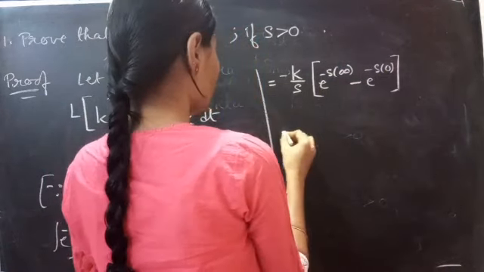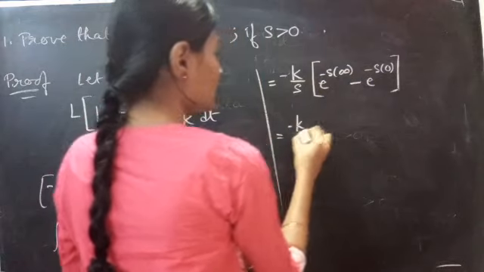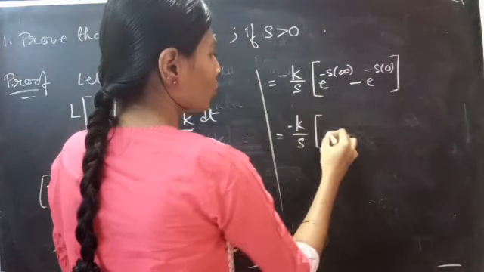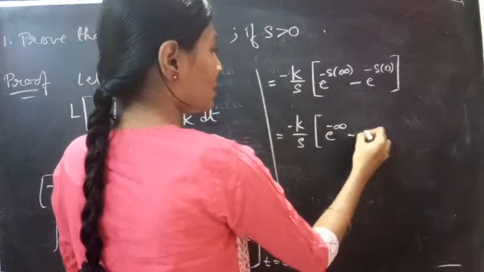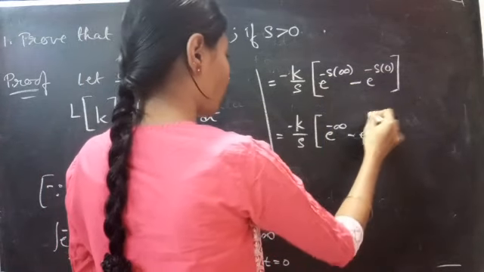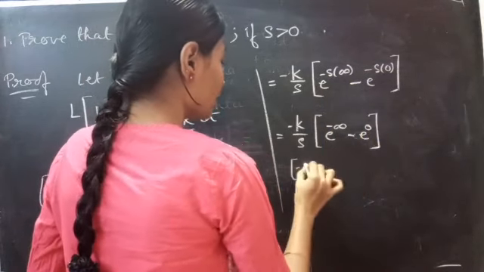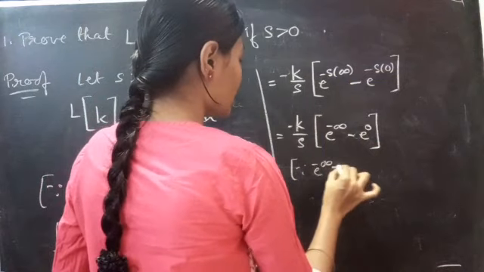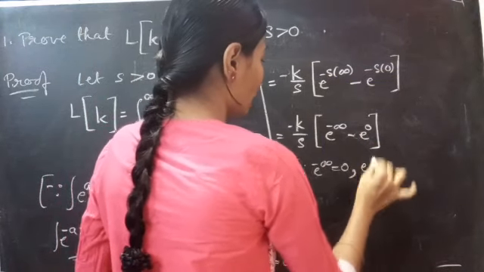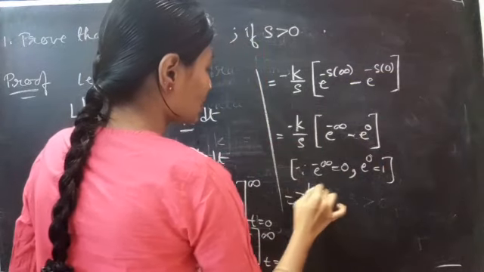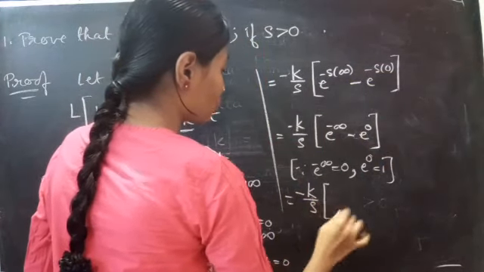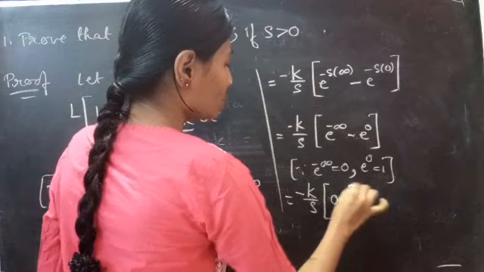So this equals minus k by s into e power minus infinity minus e power 0, since anything into infinity is infinity and anything into 0 is 0. We know that e power minus infinity is 0 and e power 0 equals 1, so this becomes minus k by s into 0 minus 1.